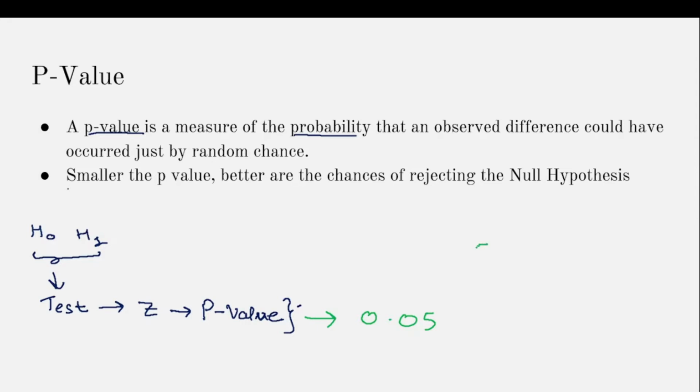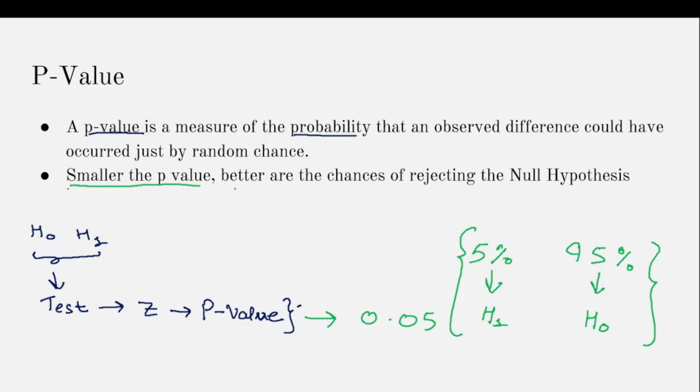That is, we might land up in the alternate hypothesis, but 95% of the times we'll be getting the null hypothesis. So this is what a p-value tells us. So smaller the p-value, better are the chances of rejecting the null hypothesis. So this was about p-value.